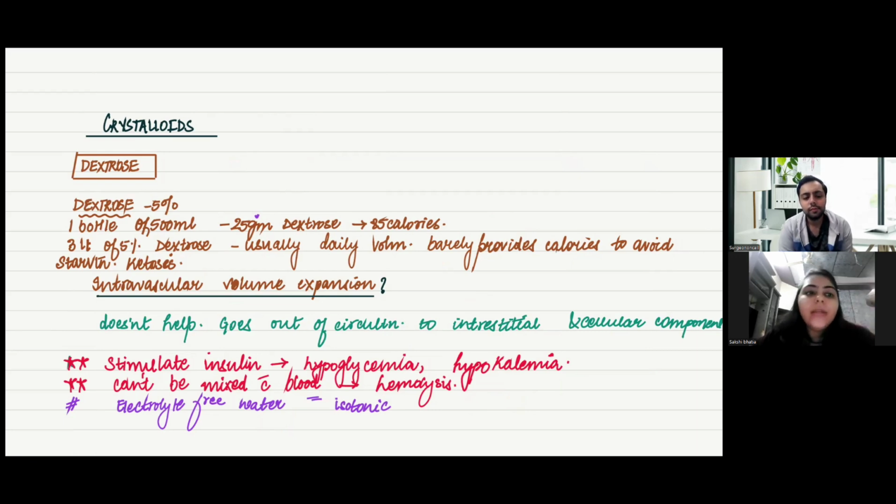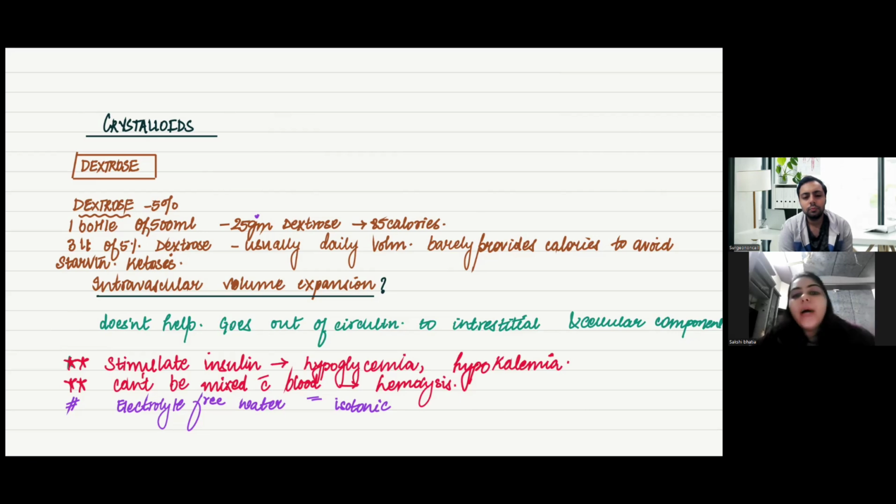If we are giving 3 liters of 5% dextrose to a patient, as is usually given in daily management, it barely provides calories to avoid starvation ketosis in the patient. Now the next question: is dextrose used for intravascular volume expansion? The answer is no, because it goes out of the circulation to the interstitial and cellular components.